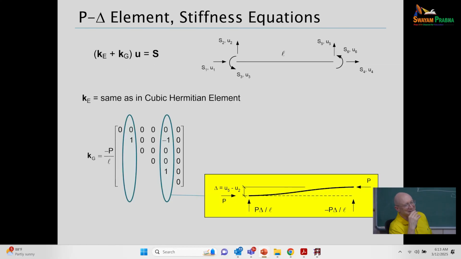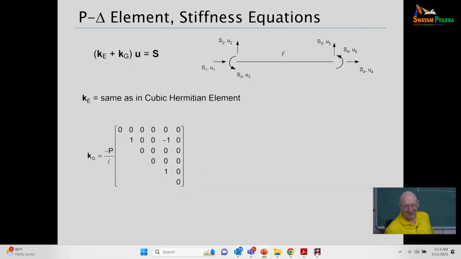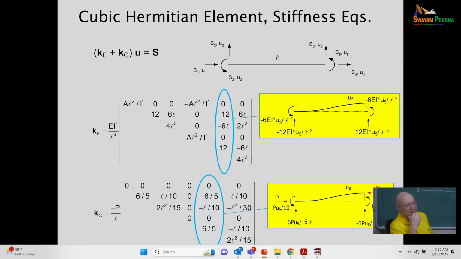Go ahead. Okay. Yes, sir. In the Hermitian beam element, you said it will consider P small delta effects as well. It does consider P small delta. So usually the displacement estimates at the nodes are accurate, and in between we are interpolating. Correct.